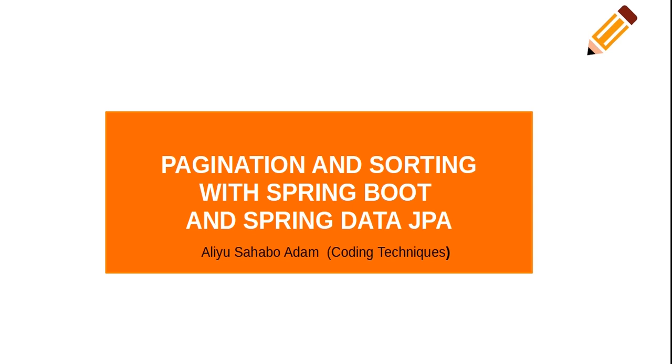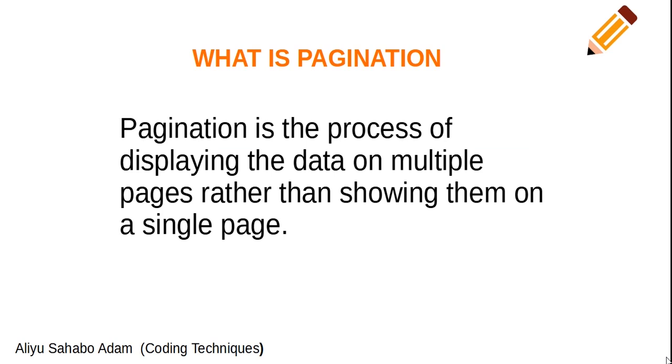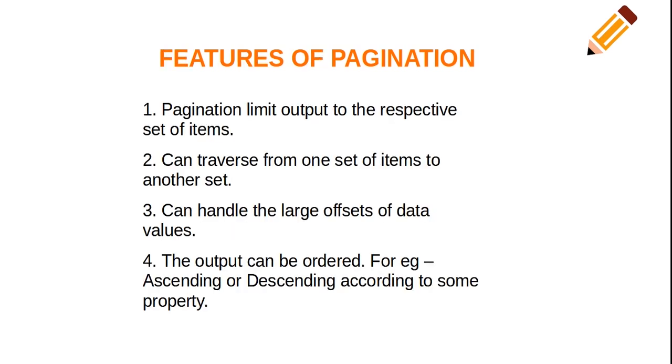In this tutorial, we will first look at what is pagination. Pagination is the process of displaying the data on multiple pages rather than showing them on a single page. Features of pagination: it limits output to the respective set of items, and can traverse from one set of items to another.